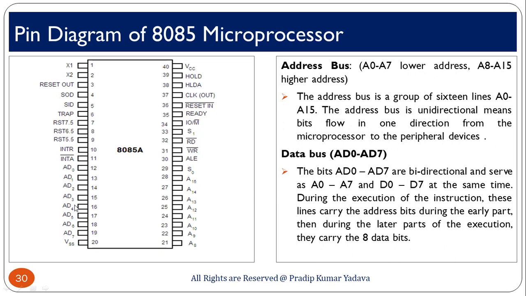They perform two operations. Firstly, they carry the address, which is 16 bits, one lower address and one higher address. These pins carry the lower address, and after transferring the address they work as the data carrying medium.